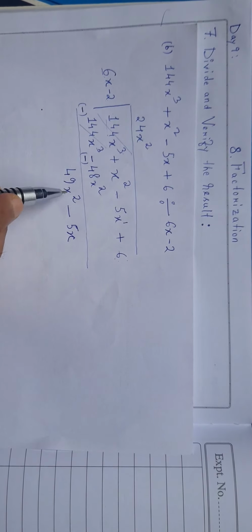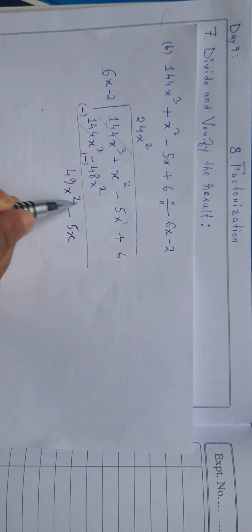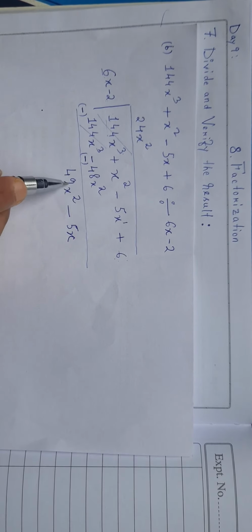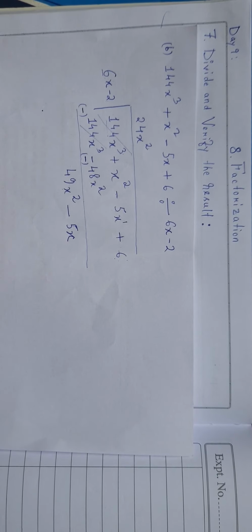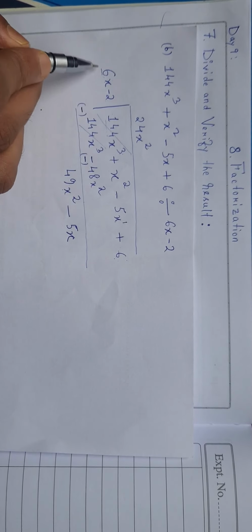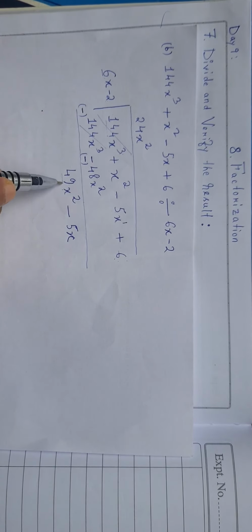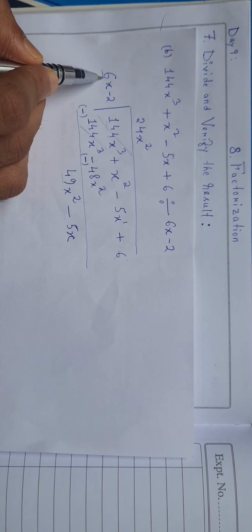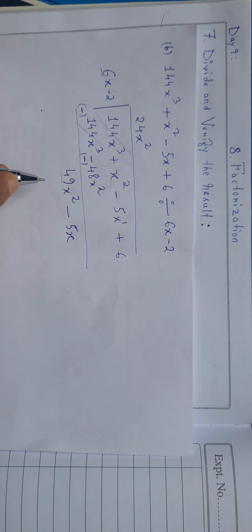Now here you will find that the highest power variable is 49x square, that is the x square part. So we will now try to cancel 49x square. Here if you look, you will find that 49 is not a multiple of 6. So how to cancel it?